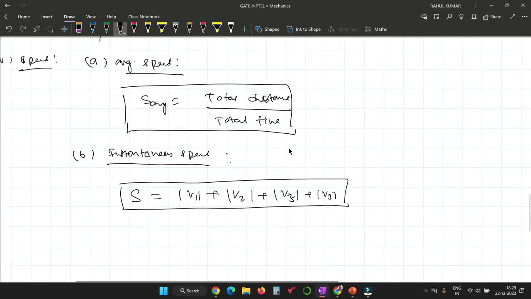Yeah, you are adding every instantaneous velocity. At every instant of time, you are adding every instantaneous velocity, and the summation of all those velocities is very difficult to identify. But in the case of rectilinear motion, the instantaneous speed is nothing but the modulus of velocity.